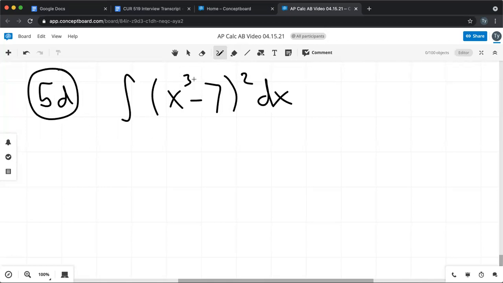I don't see any immediate antiderivatives for this, right? This is a little too complicated. I mean, if the square and the parentheses weren't there, then we could just use power rule. But this is a little more complicated.